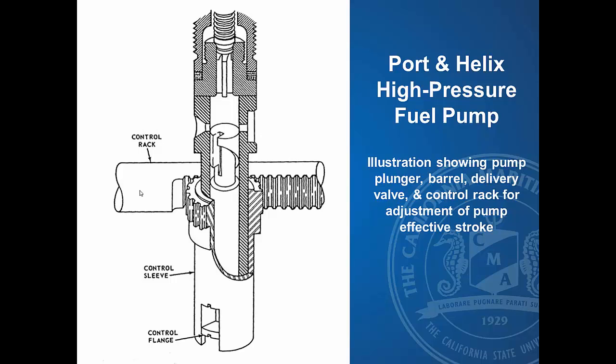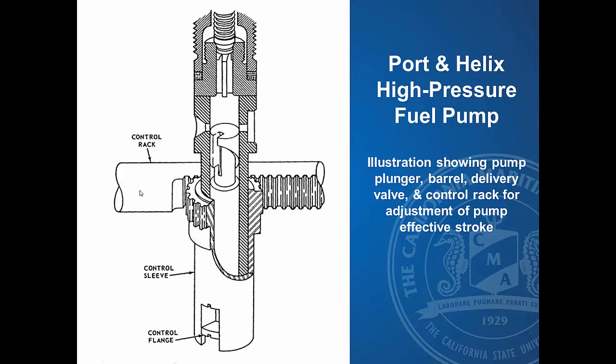You want as small a high pressure pipe as you can, again, to help propagate that shock wave and prevent shock waves from moving back and forth between the injector and the delivery valve when injection ends.